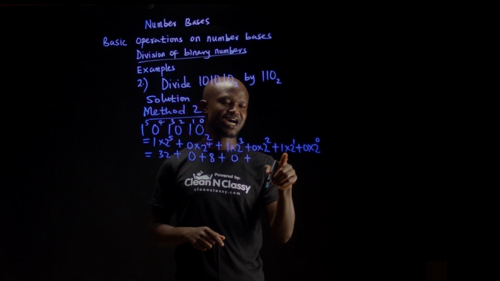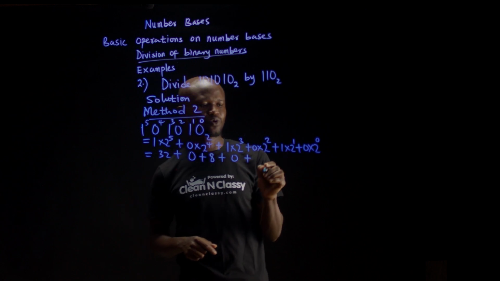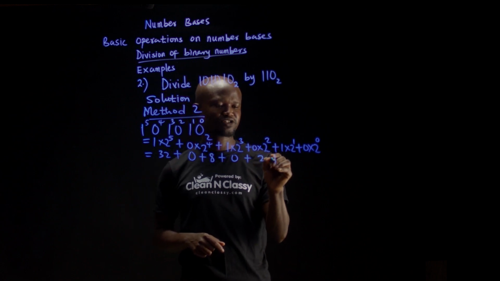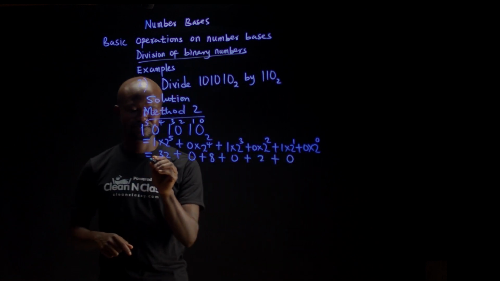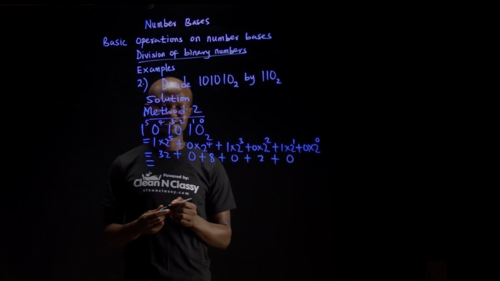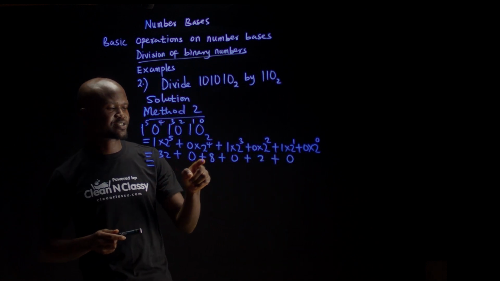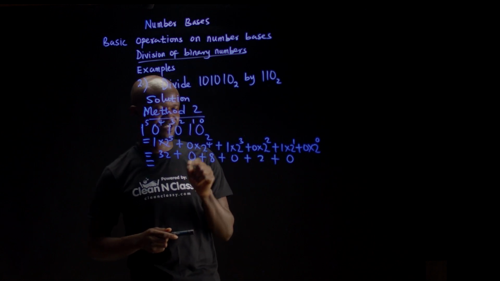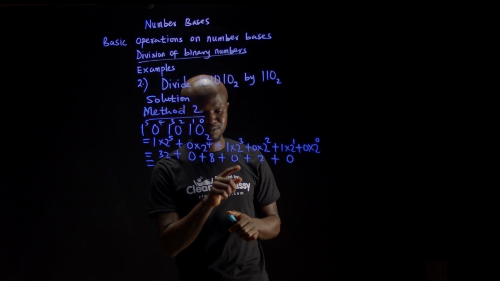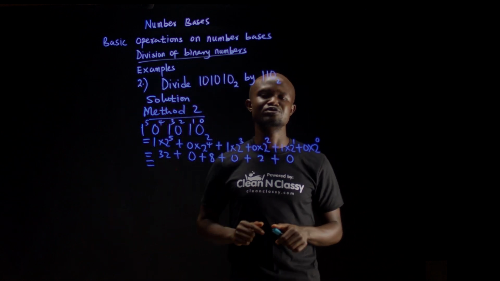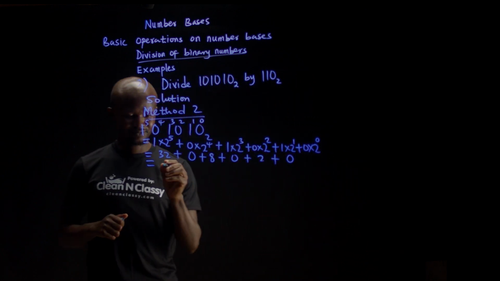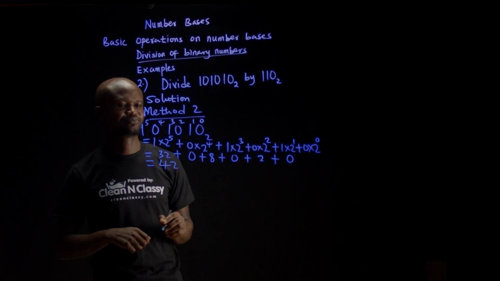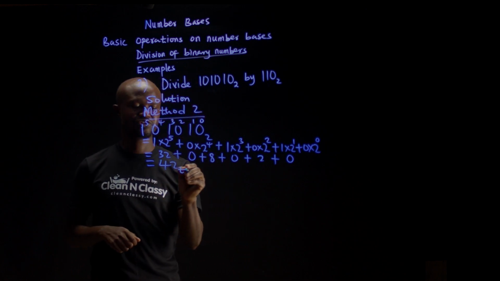Then 1 times 2, that is 2. Plus anything times 0 becomes 0. So 32 plus 0, that's 32, plus 8, 40. 40 plus 0, 40. Plus 2 will give us 42. Plus 0, that will give us 42. Now, this is 42 base 10.